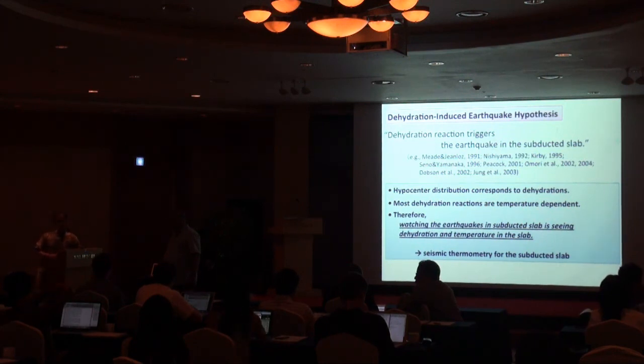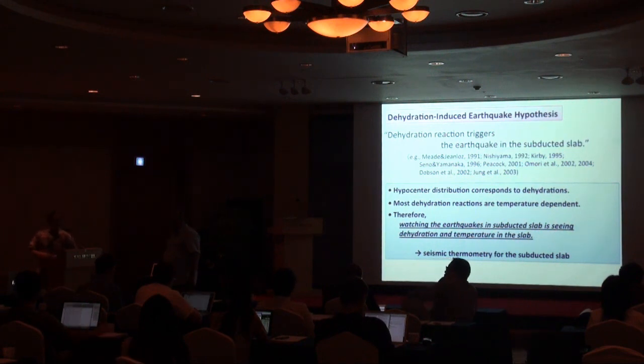I don't think it's guaranteed that the epicenter tells you where dehydration occurs, but I think it's really 100% guaranteed where the differential stress is high. I think this is a small difference. Anyway, the seismic zone means such a high differential stress and earthquakes could occur in the zone. Right.